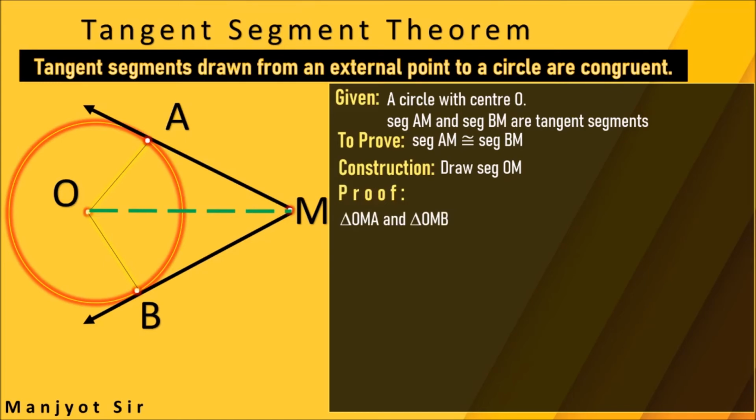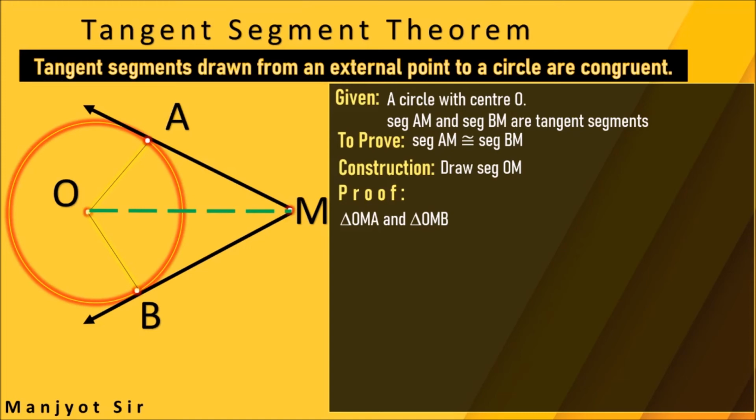Now observe these triangles carefully, students. Observe the first triangle OMA. OA is a radius, AM is a tangent. Just recollect, think and tell me, do we learn some relation between radius and tangent? Excellent, student. We just learned that a radius is always perpendicular to the tangent by the tangent theorem. Similarly, observe the other triangle OBM.